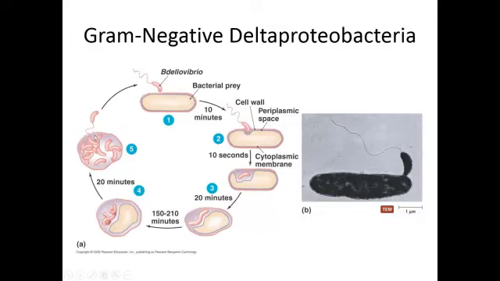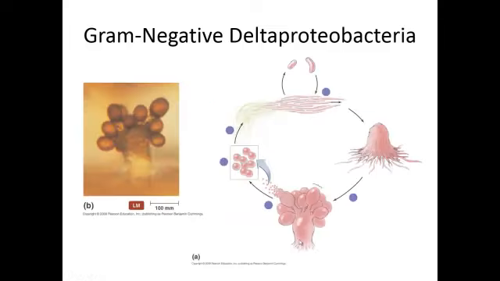Once they get really, really long, they do a whole bunch of divisions. They've finished eating the cell. They lyse the cell membrane, they lyse the cell wall, and go out and prey upon other bacteria. Kind of cool. Creepy, but cool.